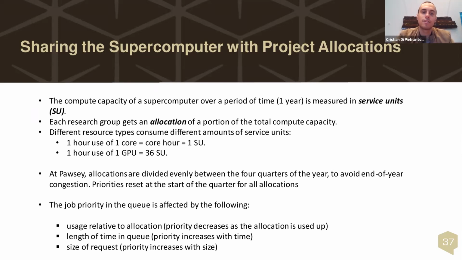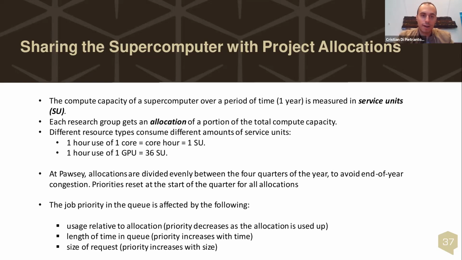If you have accelerators like GPUs, then you can have additional definitions, such as 1 hour use of one GPU is equivalent to 36 service units. But the point is that once you have this definition in place, you can quantify the amount of compute capacity available throughout the year on a supercomputer. And the unit of measure is the service unit.